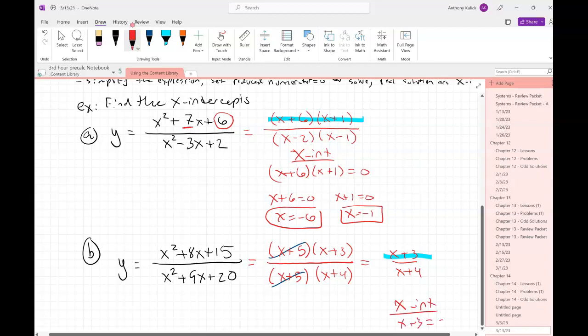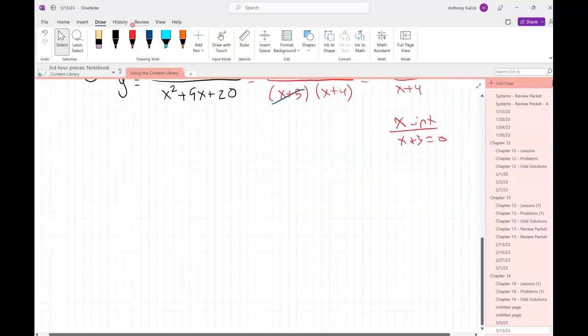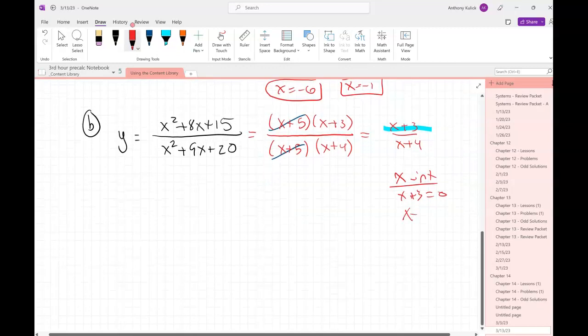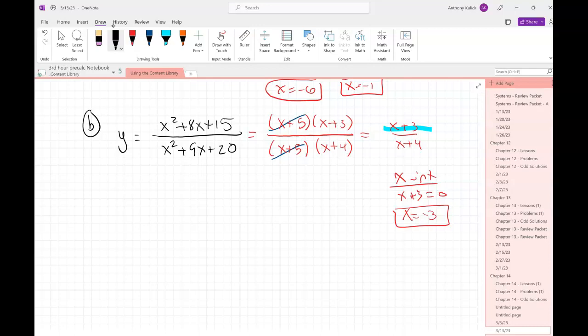I just set that equal to 0 and solve, and I'm done. Everybody okay there? Okay.